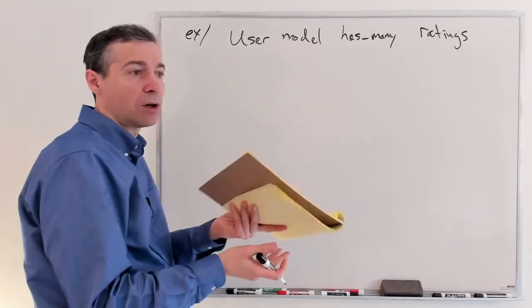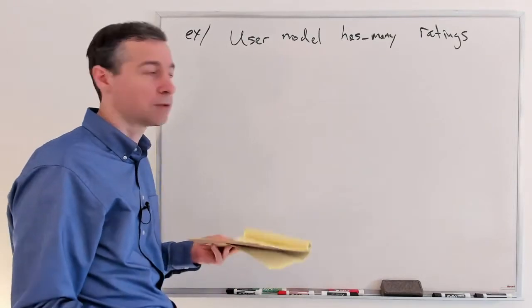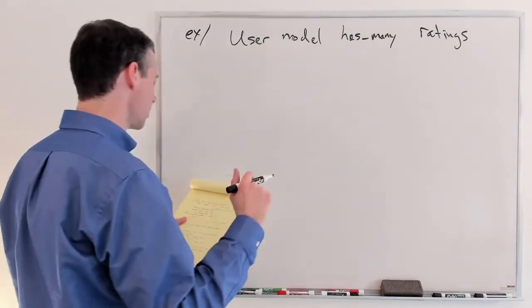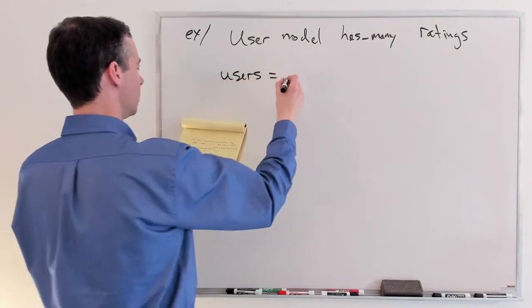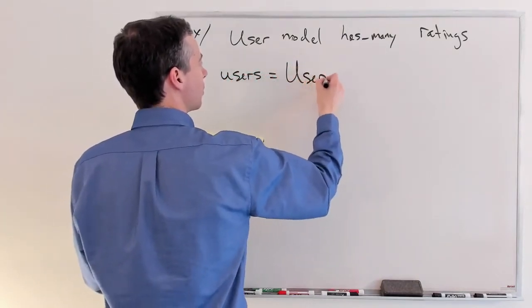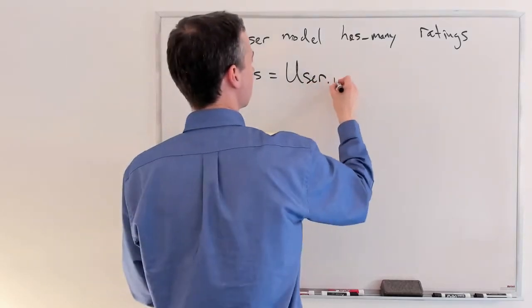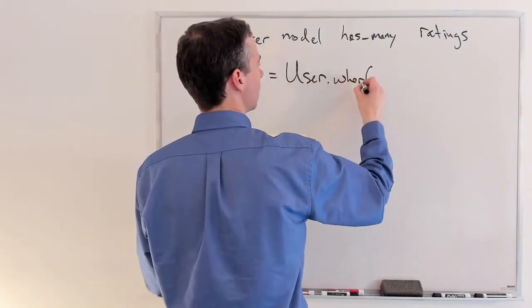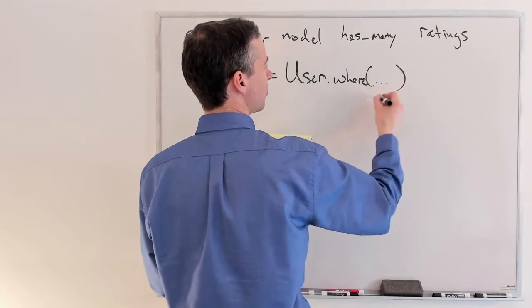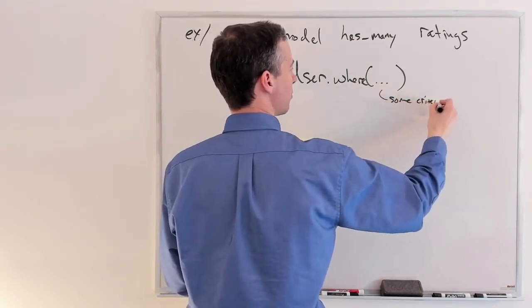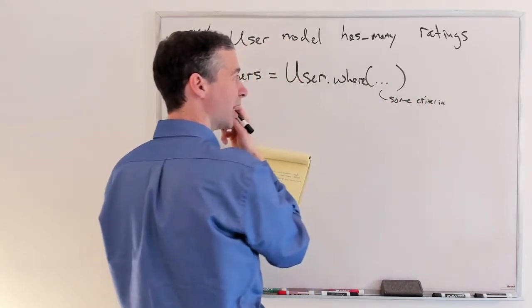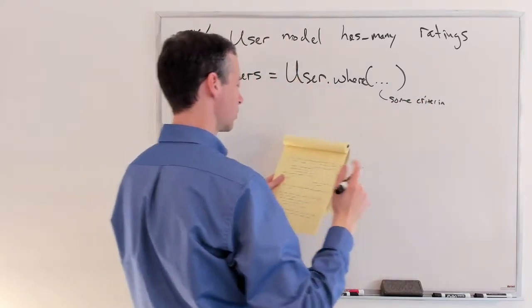And so we could find all the books that a user had rated very easily. So let's say we had some code. And we said, users is equal to the user model, and we put a where clause on it. And let's say there's some criteria, I'm not going to bother with what it is. So we have some criteria that we're going to select on to get some subset of the users.